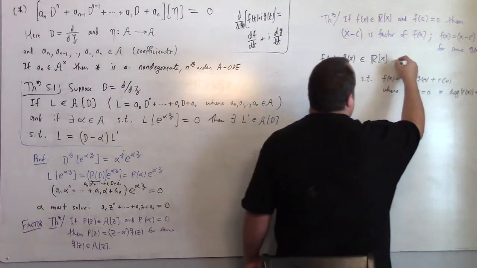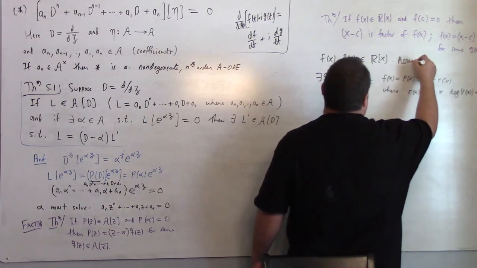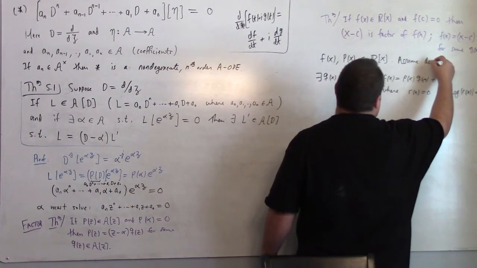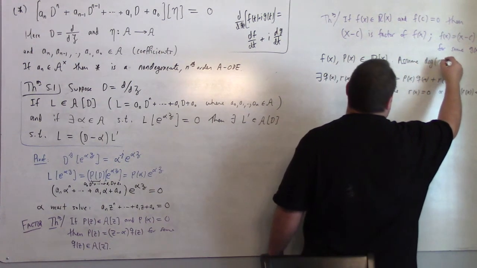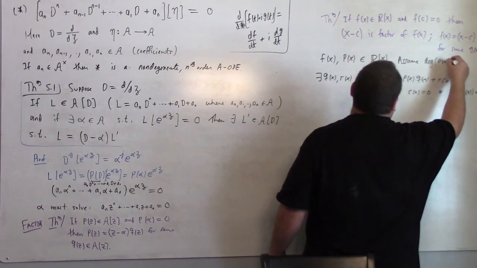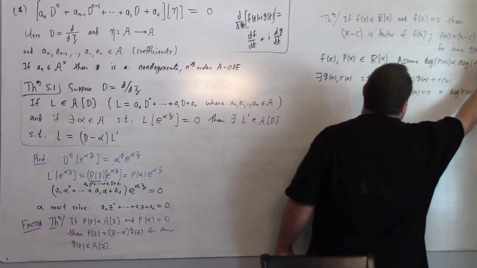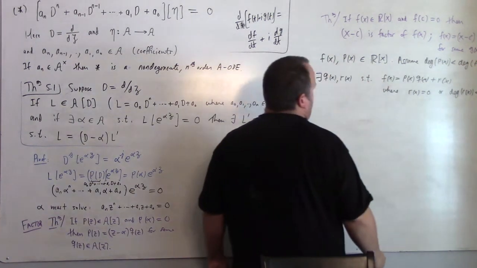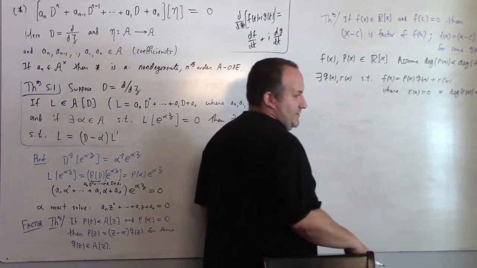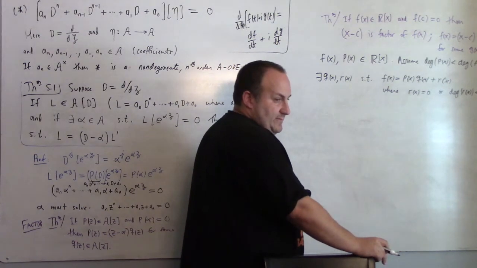I'm going to assume for convenience that the degree of p of x is less than the degree of f of x. So we're trying to divide a polynomial of smaller degree into f of x.